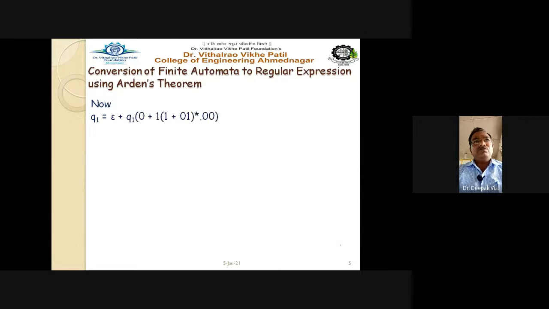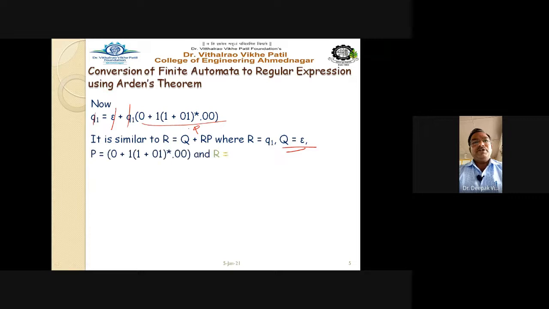Now Q1 equal to epsilon plus Q1 into bracket 0 plus 1 into bracket 1 plus 0.1 bracket raised to star dot 0.0 bracket complete. That is similar to R equal to Q plus RP, where R equal to this Q1, capital Q equal to epsilon now, and this total term is nothing but your P, right? And P is equal to this one.